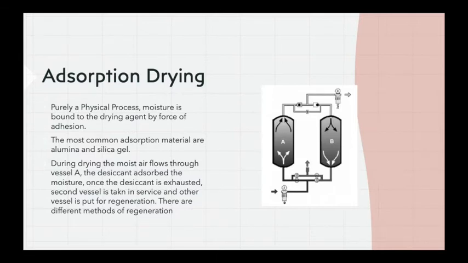So this is how this cycle has been developed: once a vessel is used, it gets exhausted, then it is regenerated so that it can be used again and again. In adsorption type technology, there are normally three different types of dryers we use. The first type I will be discussing is the blower heater type dryer.